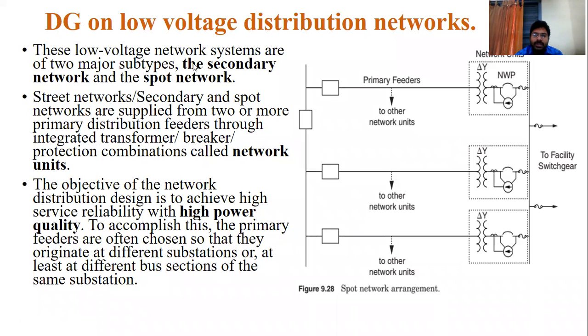How is the performance of the DGs whenever they are added to the low voltage distribution networks? How is that network affected whenever you are adding some DG to that distribution network?